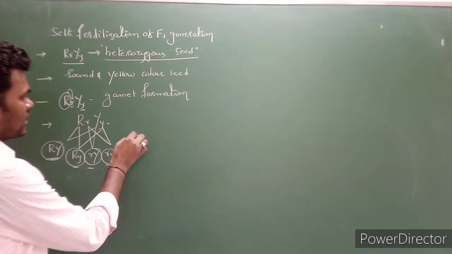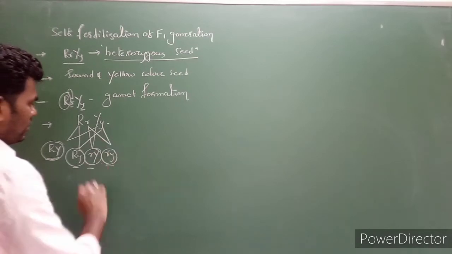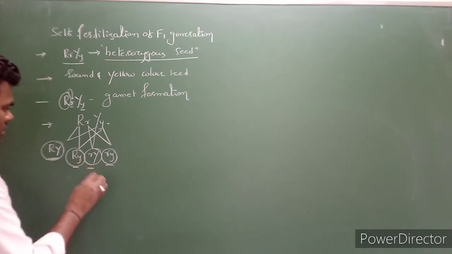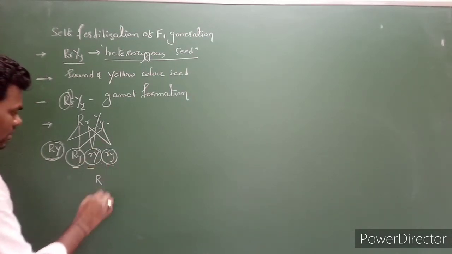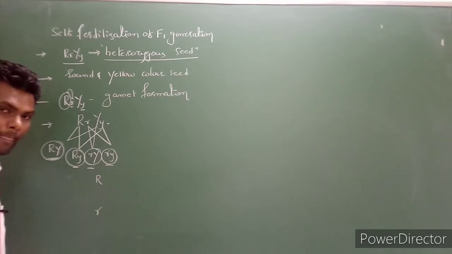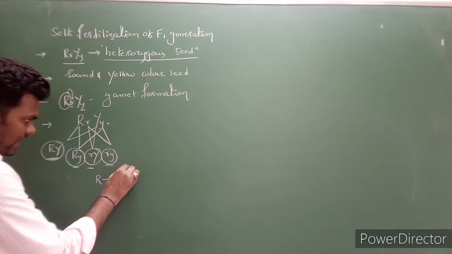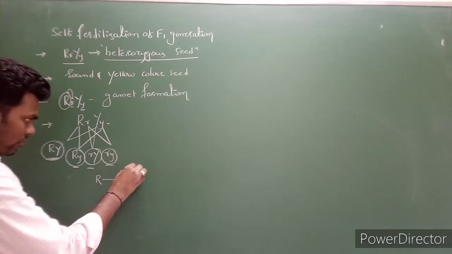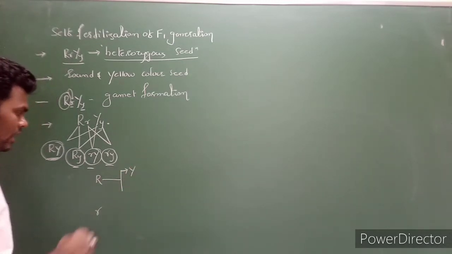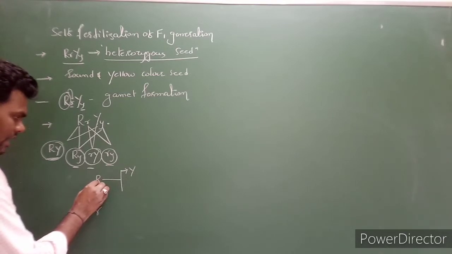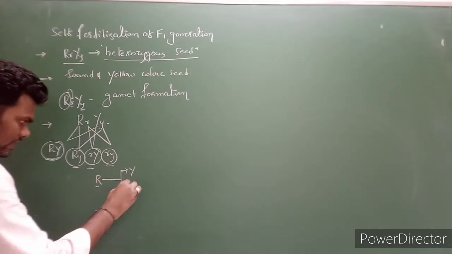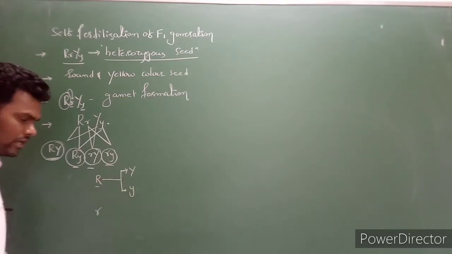For example, here capital R and small r. 50% of capital R containing gametes have capital Y and 50% of capital R gametes contain small y.